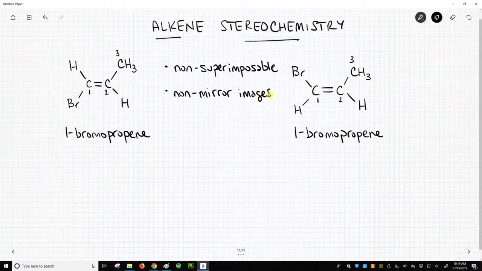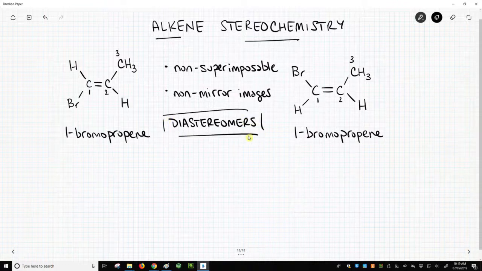Well, there's one type of stereoisomer that we've learned about that falls in the category of non-superimposable, non-mirror images. These are diastereomers. Now, it feels odd to me to talk about stereoisomers without having an sp3 hybridized carbon with 4 different substituents, but it's possible, and with alkenes, it happens pretty frequently.